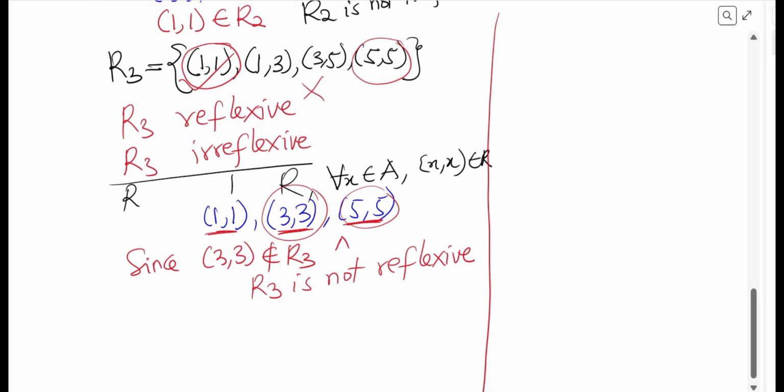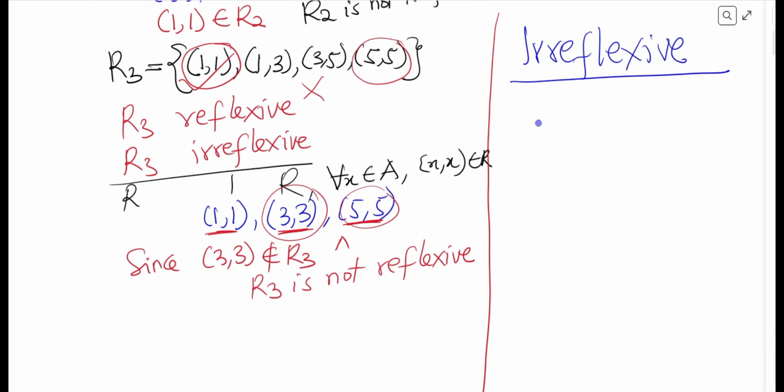Let's check for irreflexive. The law for irreflexive states that for all elements X in a set A, (X, X) must not belong to the relation in order for the relation to be irreflexive.